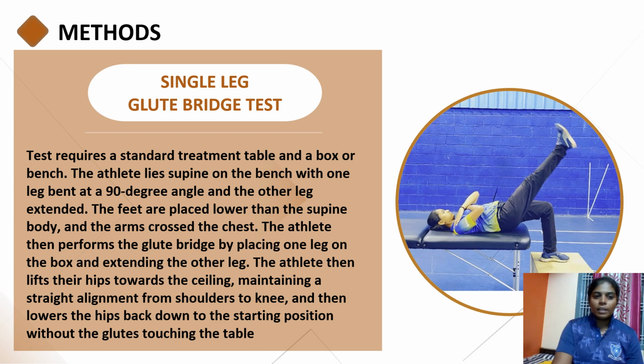The athlete then lifts the hip towards the ceiling, maintaining a straight alignment from shoulders to knee, and then lowers the hip back down to the starting position without the glutes touching the table. The athlete is instructed to perform 20 repetitions with both limbs. Any compensatory movements will be noted.